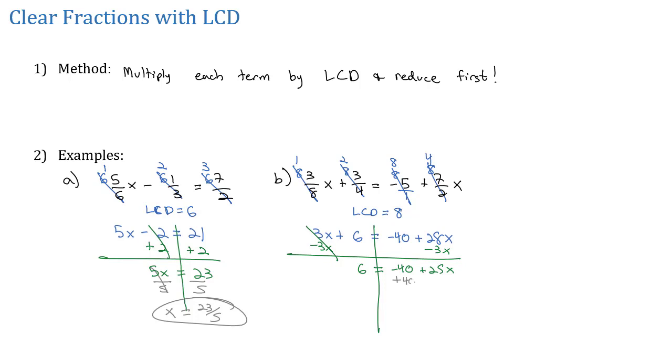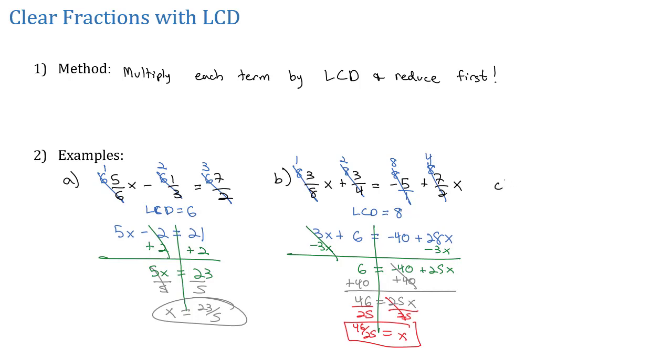To get rid of those 40 negatives, we need 40 positives. So we have 46 equals 25x. And finally, 25x's divided into 25 groups. X is equal to the fraction 46 over 25.